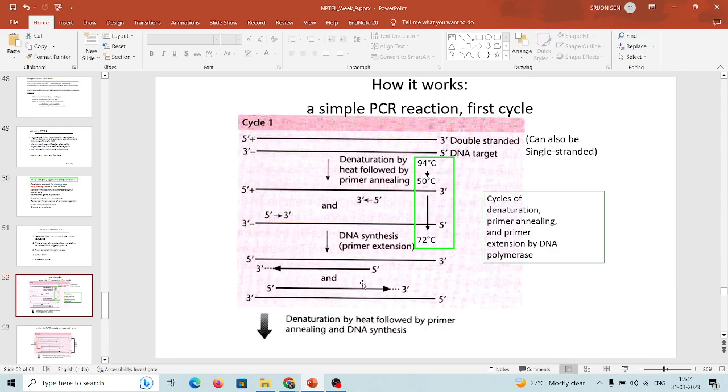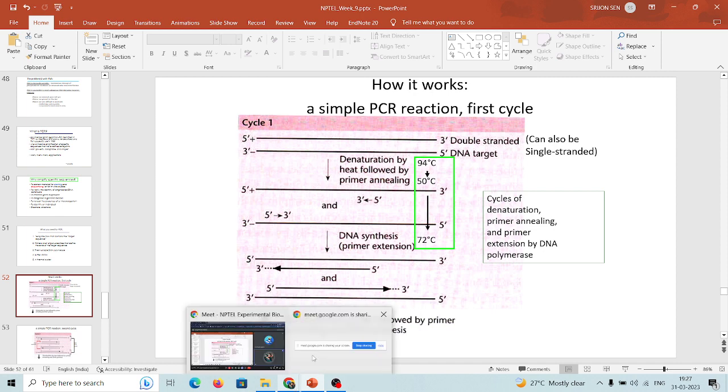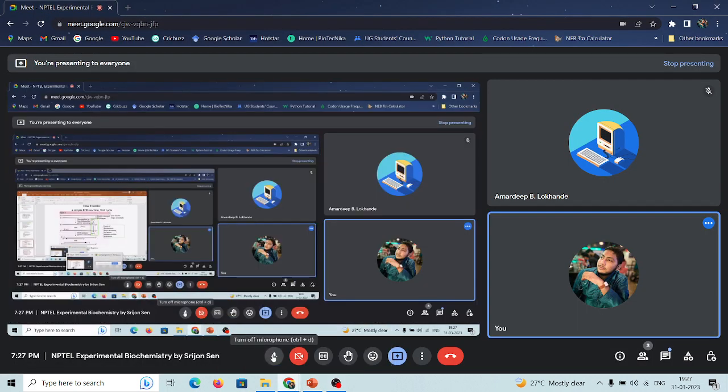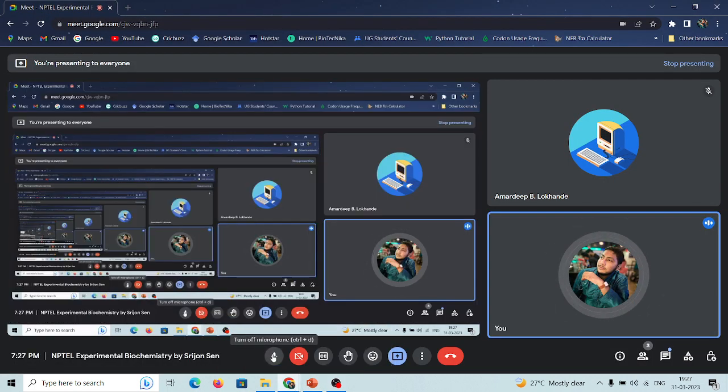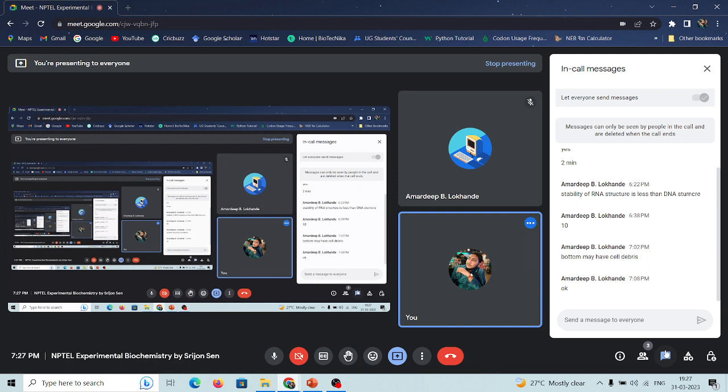Now I'm asking you only the first question: if your primers have a melting temperature of 70 degrees centigrade, what will be the annealing temperature that you are going to use? Or how do we calculate the annealing temperature?